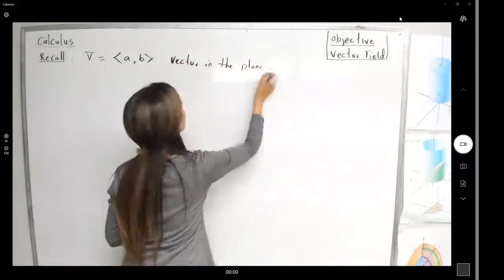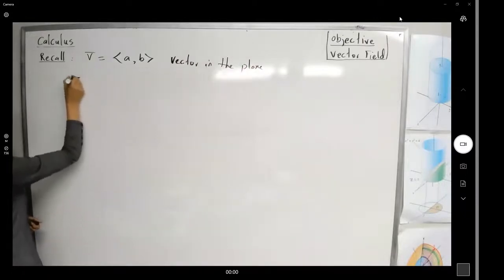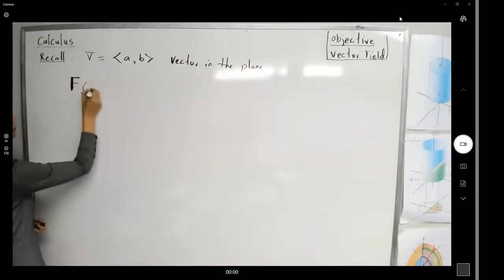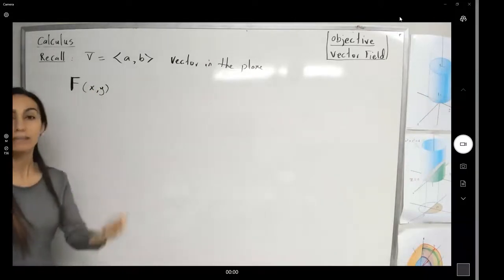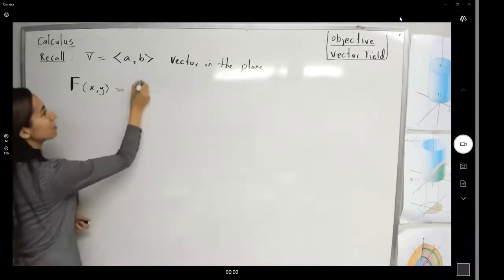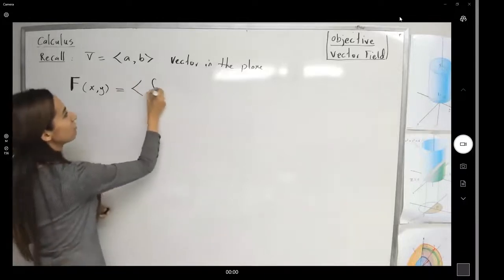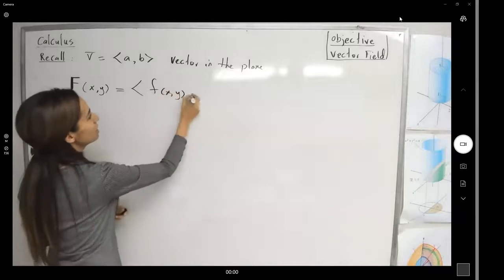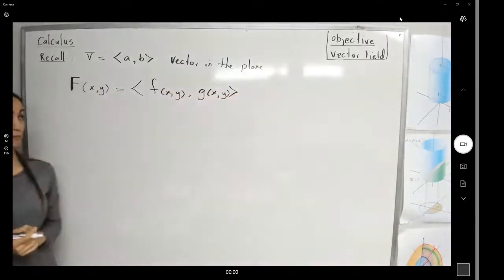So we take a function, bolded F of x comma y, and we define a vector. That vector depends on functions like f of x and y and g of x and y.